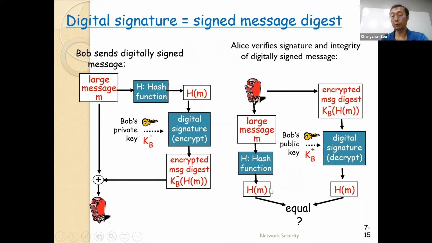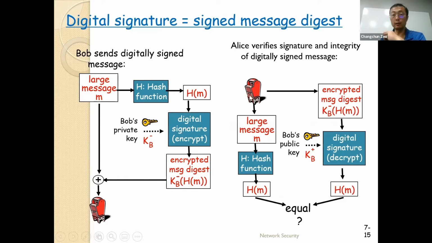Then compare these two message digests. If they are equal, then the receiver knows that the message he or she received has not been modified by anyone. Because if an attacker modified M by a single bit, the two hash values will be different. Remember, the principle for hash is that if you modify the message, you will also modify the fingerprint.